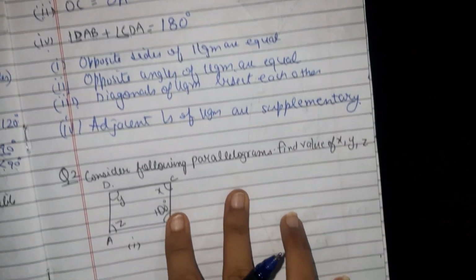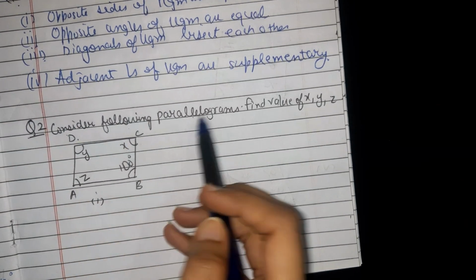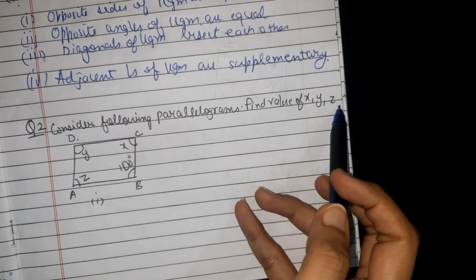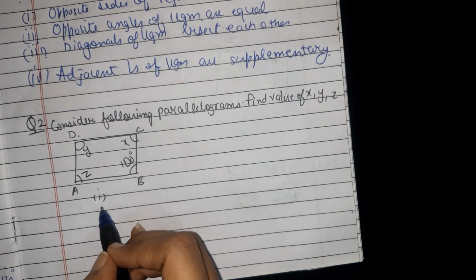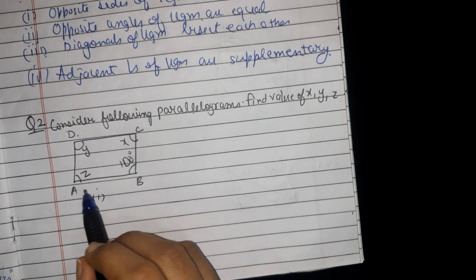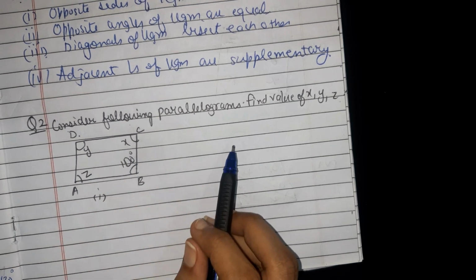Let's move on to the second question, which is, consider the following parallelograms and find the values of x, y and z. So this is the first part. Firstly, we will find the values of x, y, z using the properties of a parallelogram.